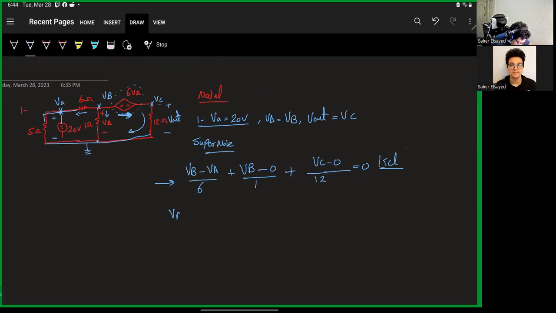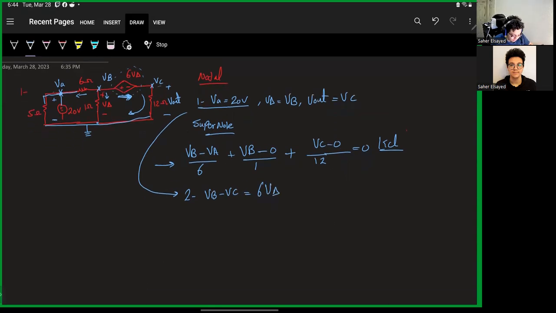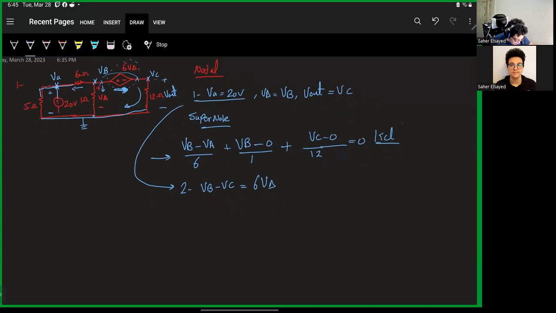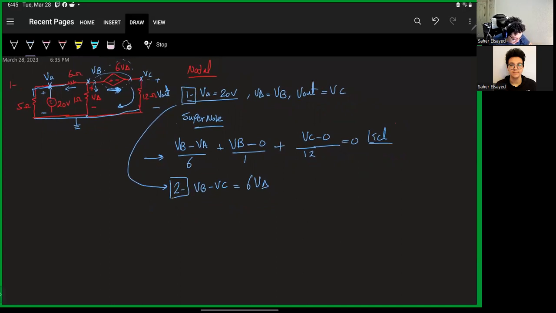The second thing to notice is that VB minus VC is equal to 6V delta, because the voltage across this part is the difference of the voltage, which is 6V delta. Those are the two things to notice. I'm going to put them in squares to make it easier to see.